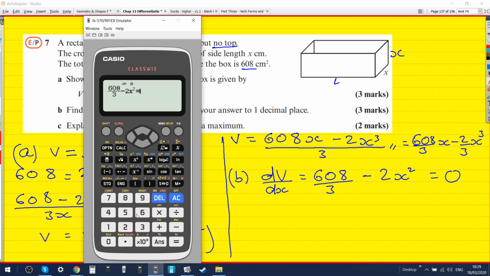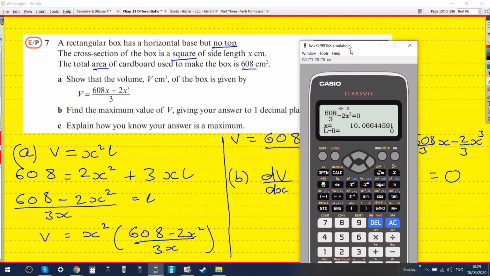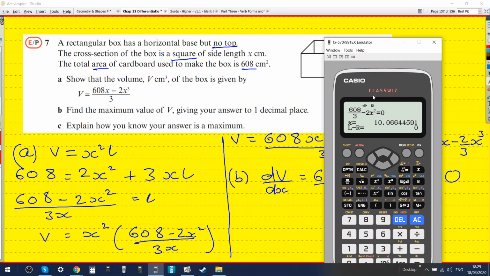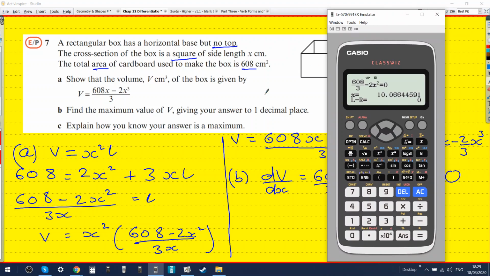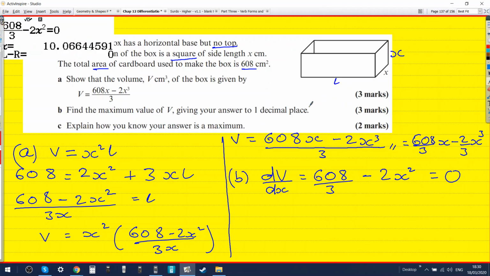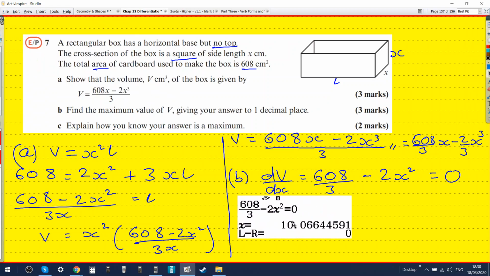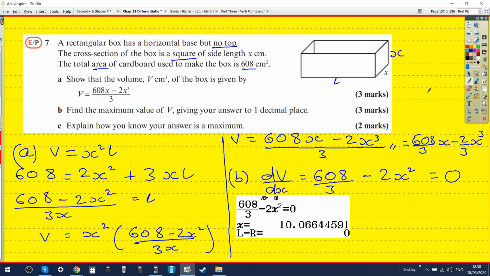Sounds good to me. Shift, solve. Okay. Oh, one decimal place. Yeah. Okay. Doesn't matter. And question C. Do we have to do the second derivative? Yep. So minus 4x.